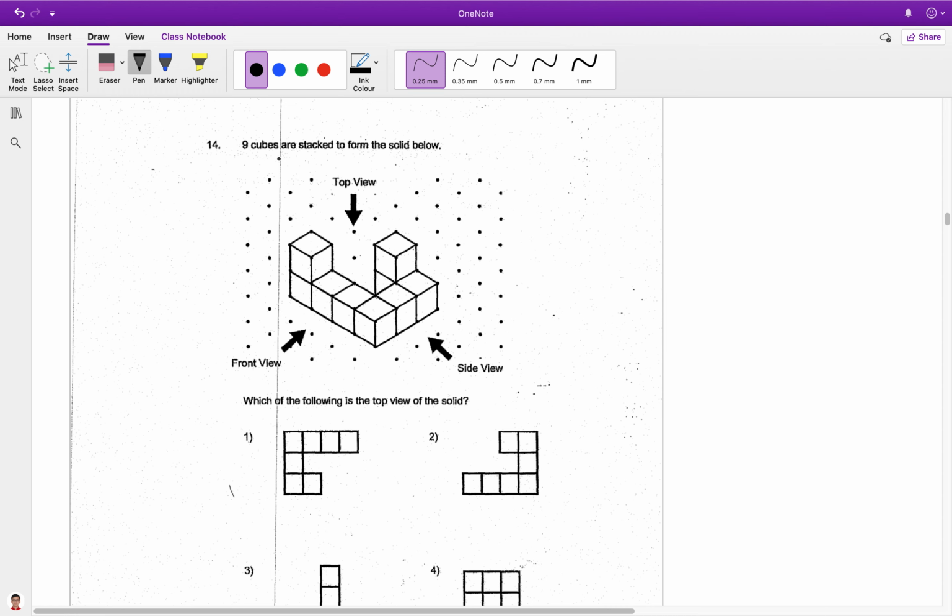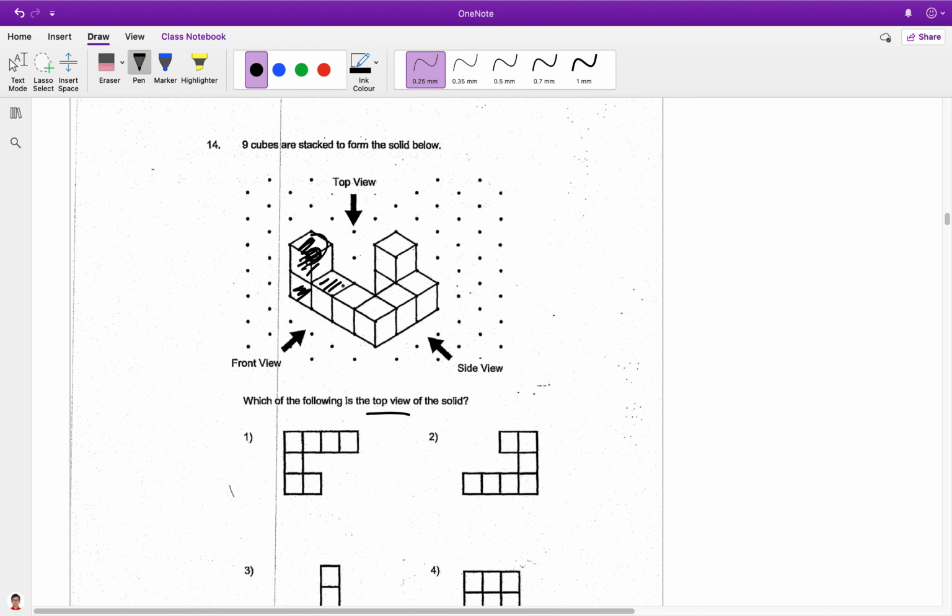So here, what we want first is the top view. From the top view, we see firstly on the most left side, only have one, because from the top view, this one covers this one. So we consider this one only.